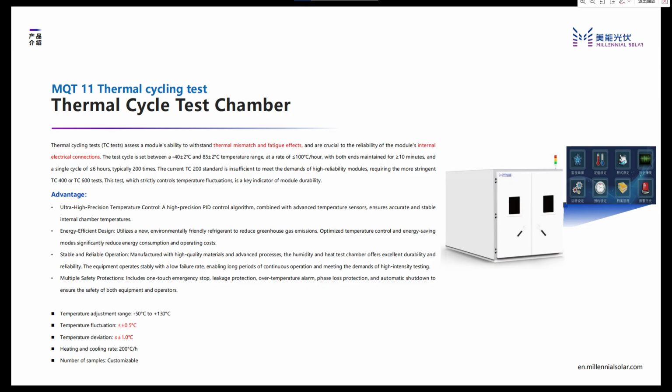For MQT11, the thermal cycling test. The thermal cycling test is to assess a module's ability to withstand thermal mismatch and fatigue effects. And this is very crucial to the reliability of the modules' internal electrical connections.